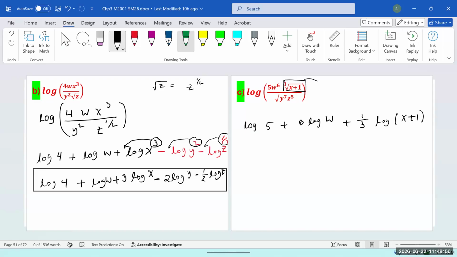So this thing is x plus 1 to the 1/3 power. Okay, next. 7/2 log y.